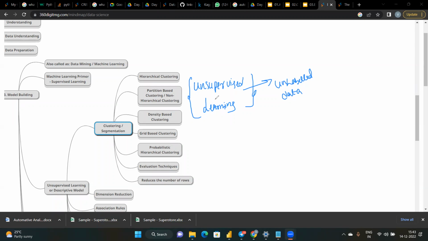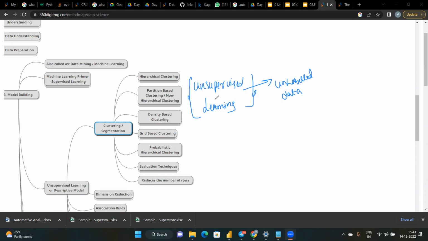In supervised learning, input data is provided to the model along with the output. In unsupervised learning, only input data is provided to the model.